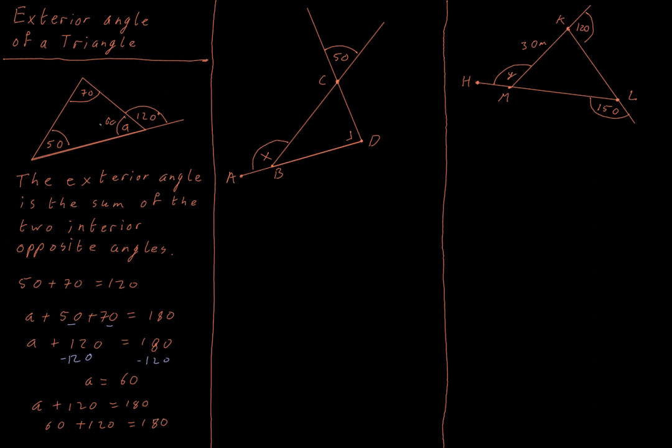And this is true in general: the sum of our two interior opposite angles is equal to the exterior angle. This really just saves us a little bit of calculation, but it is a rule that we are supposed to know. So let's put it into practice.